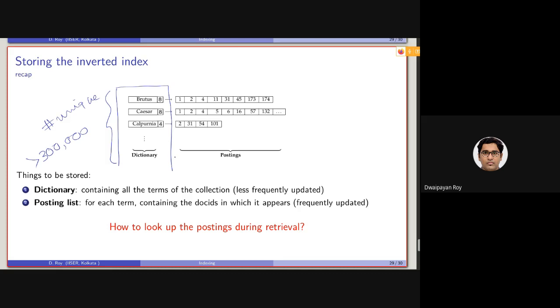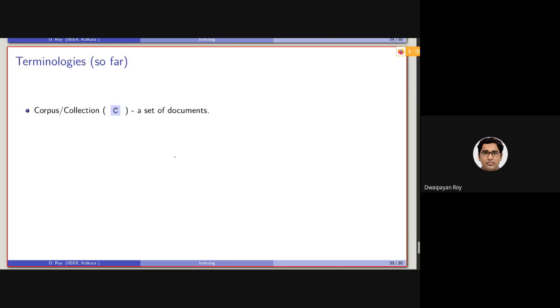Okay, so the terminologies that we have encountered so far: first is C, specifying a corpus or a collection, which is basically a set of documents. D is a textual indexing unit. So basically C is a set of D: D1, D2, and so on.